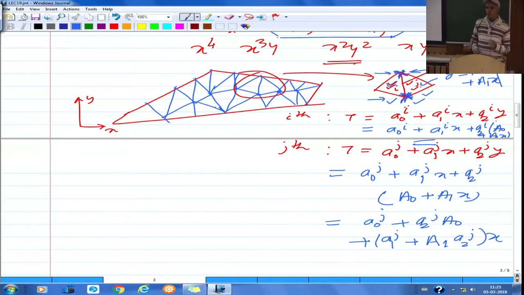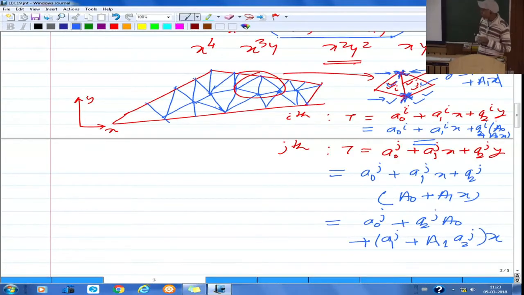So whether you come from this side or this side, you have the same temperature. In between, the variation is linear in either x or y.